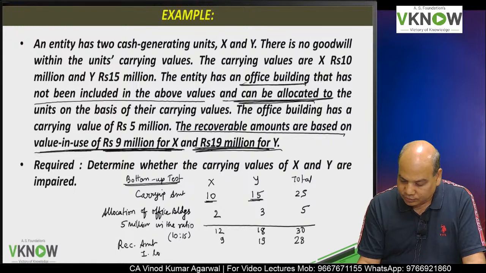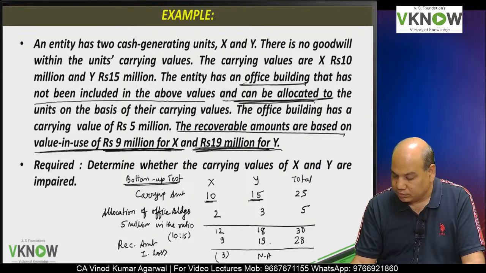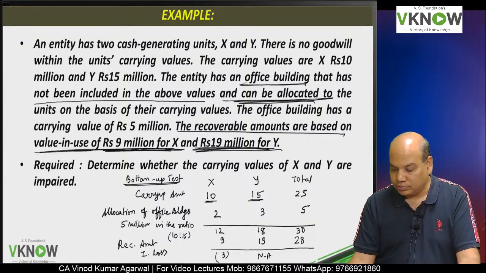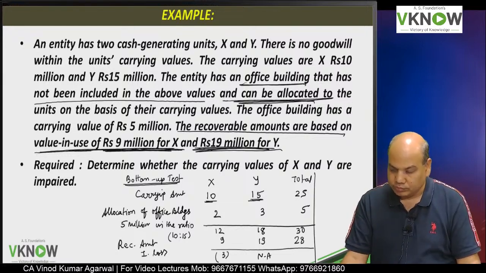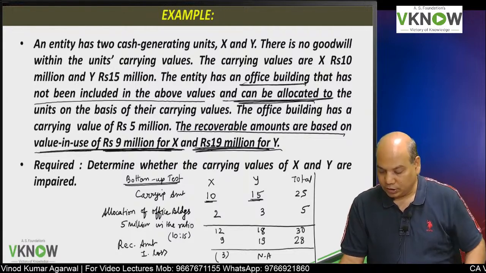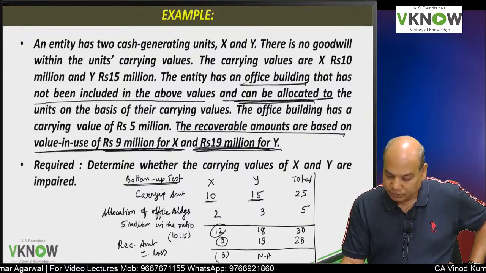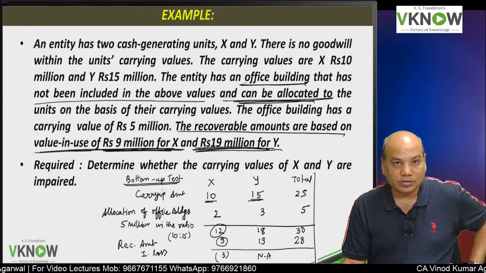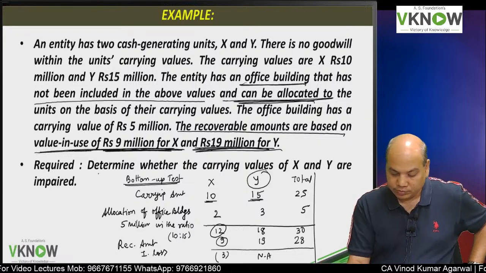Impairment loss: this is 3, and this is not applicable because the recoverable amount is more. Understood? So first you apply the bottom-up test. If the recoverable amount is less, then the total of the carrying amount and the allocated value of the HO building is impaired. Unit-wise not impaired.